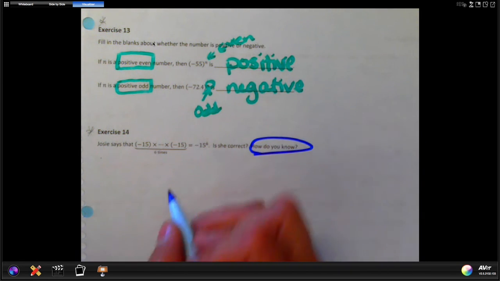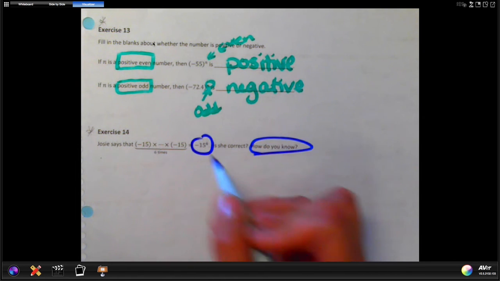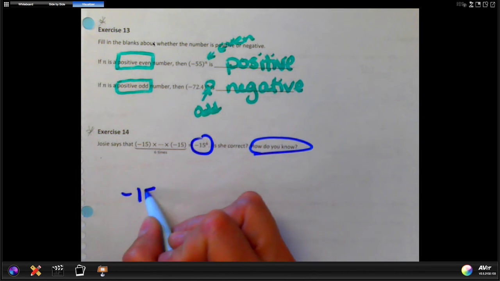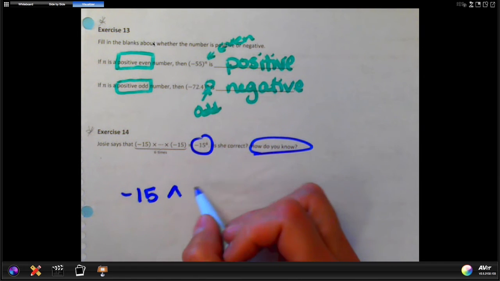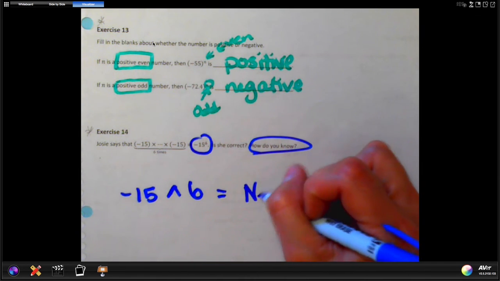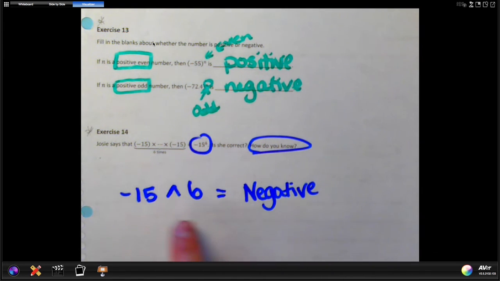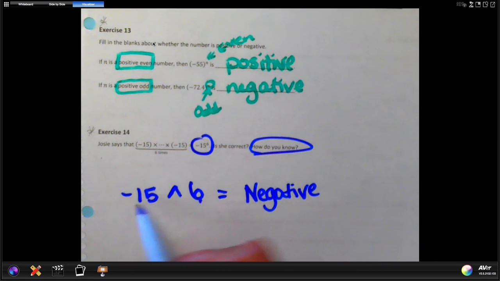If you do this out as shown, if you type in negative 15 caret 6, it is going to give you a negative answer. And that would be wrong, because we know that this is an even exponent, which means that this should come out to be positive.